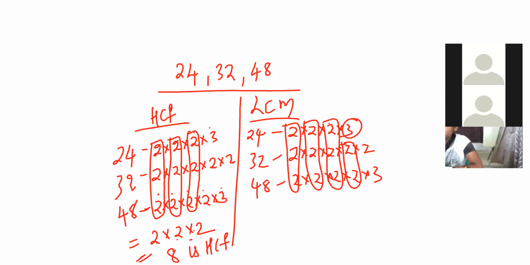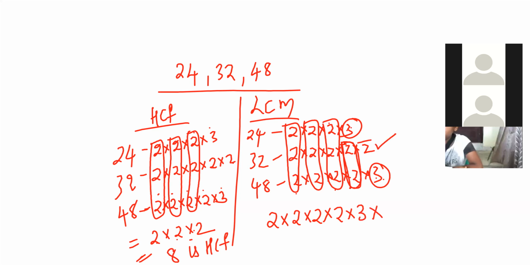See, now what are the numbers we have to multiply? 2 is common for 3 of the numbers. Again, one more 2 is common for 3 of the numbers. One more 2 is common for 3 of the numbers. After that, one more 2 is common for 2 of the numbers, but even then we take it as one common 2. Then 3 is common for two more numbers, make it only one 3. After that, what remains?